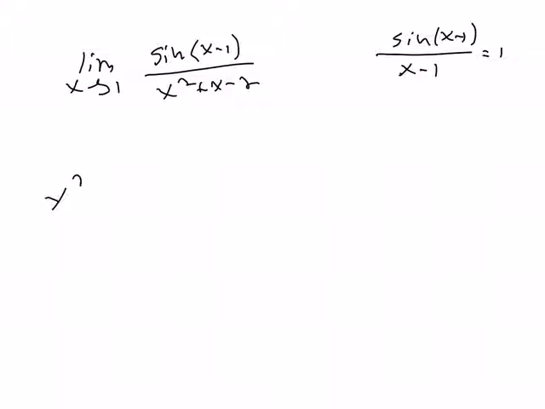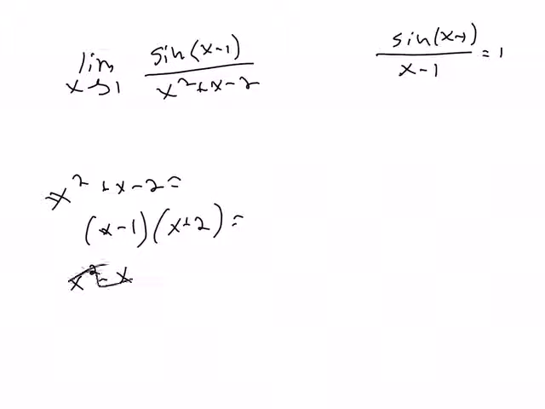So x squared plus x minus 2 is equal to, well, we're going to assume x minus 1 times something. So we're going to have an x over here, and so we're going to have x squared minus an x, and we need 2x, so we're going to put a plus 2 here. This should be x squared minus x plus 2x minus 2.